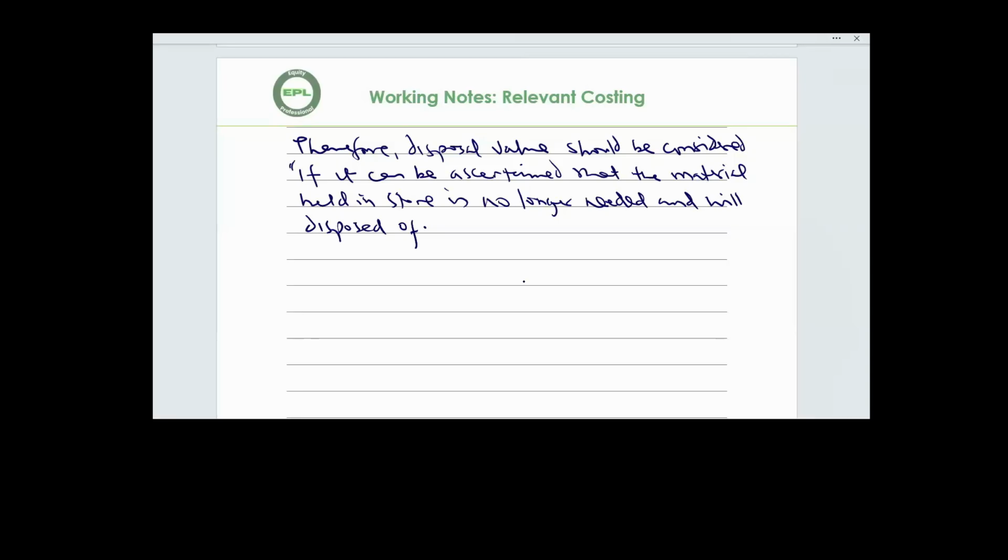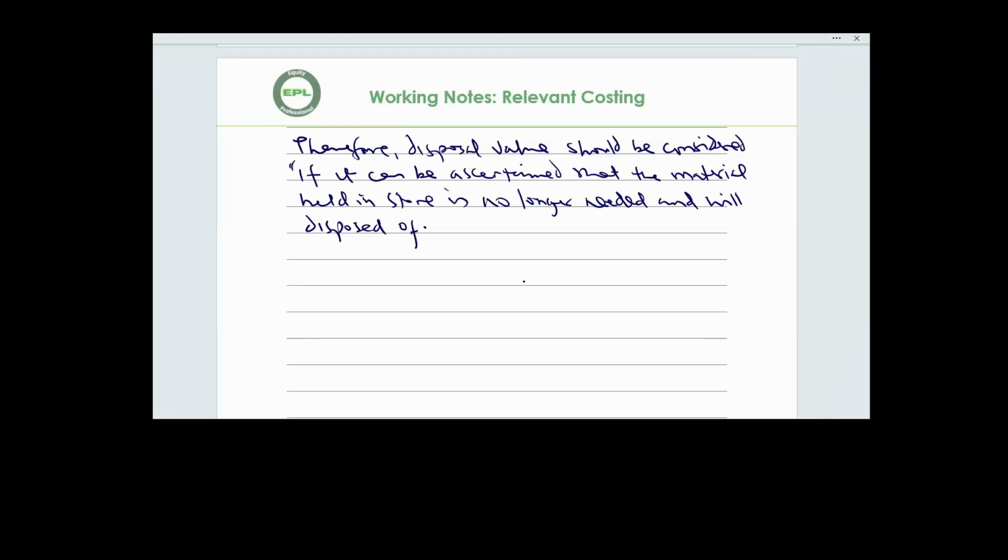Even though in most of the questions, in fact, in all the questions you are going to see, examiner will never call it a saving. You are going to be told that it will be disposed of at a cost. Rather, it is not a cost, it is a saving. You are the one that will interpret it as a saving.